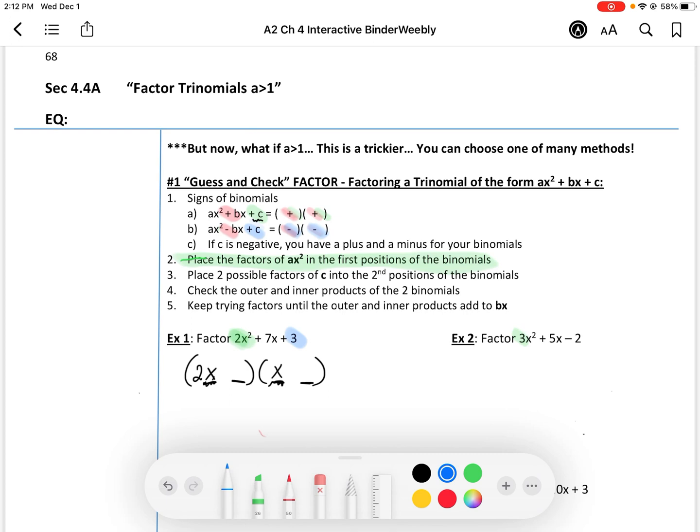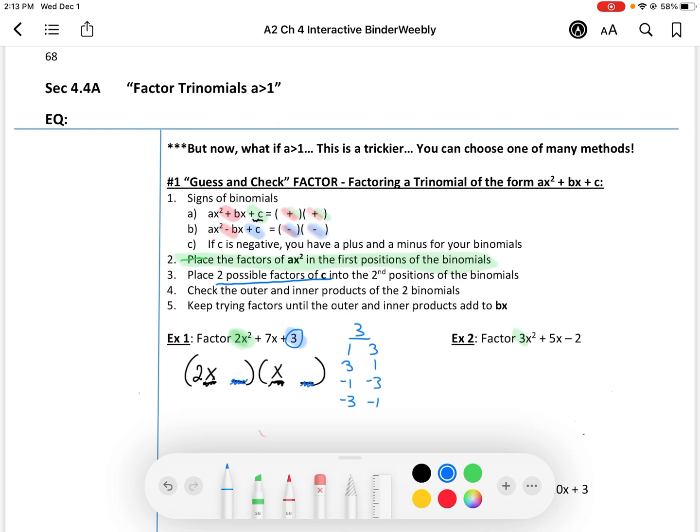Then here, I need those blue parts to multiply to the 3 when I FOIL this together. So, place two possible factors of my C, which in this case is 3, in the second position. So ways to multiply to 3: 1 and 3, 3 and 1, negative 1, negative 3, negative 3, negative 1.